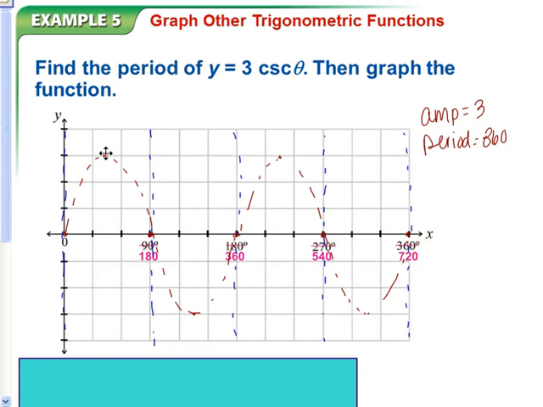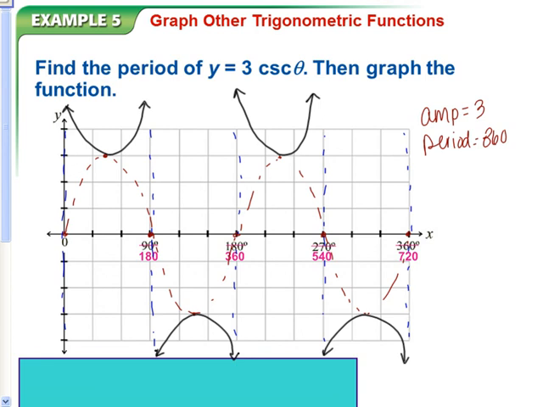And now we flip the graph over. So this one swoops right here. It touches at the maximum of 3, minimum of -3. But it does not go beyond its asymptotes.